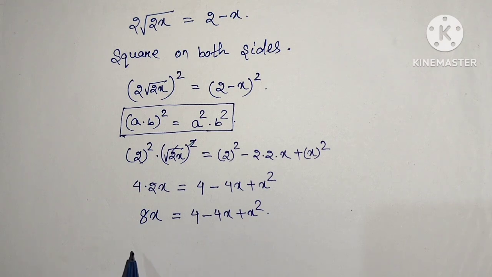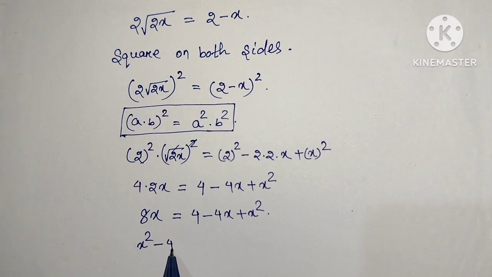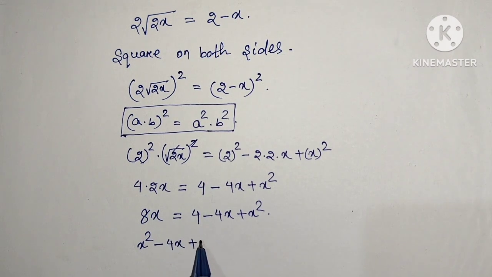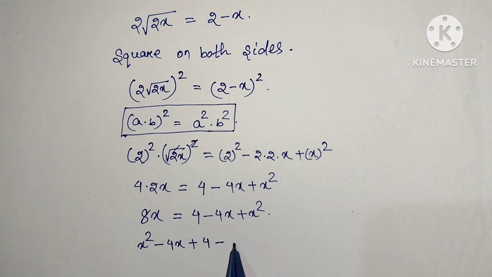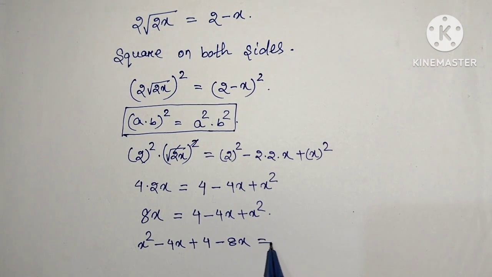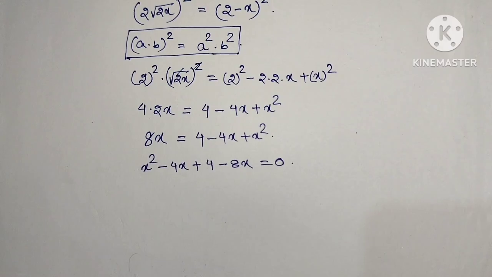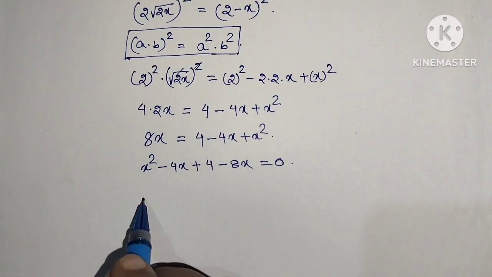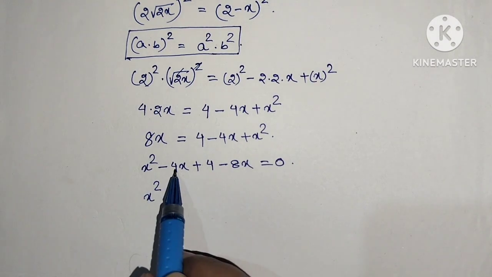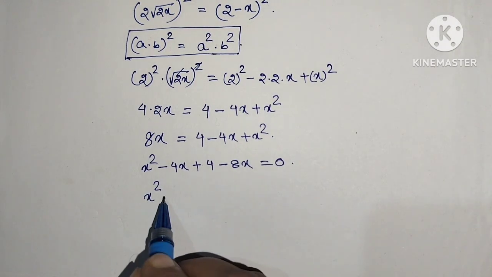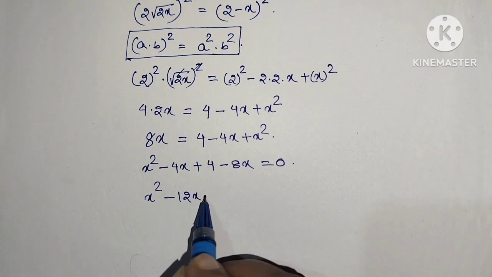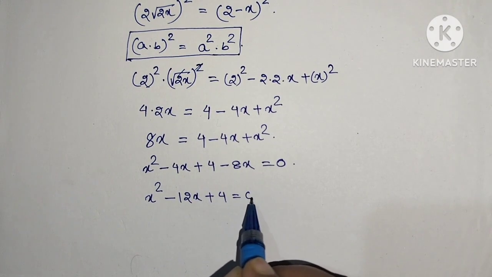Then the next step it is x square minus 4x plus 4 minus 8x is equal to 0. Here 8x, we move to the right side, then it is minus 8x, is equal to 0. Then x square minus 4x minus 8x, it is minus 12x plus 4 is equal to 0.